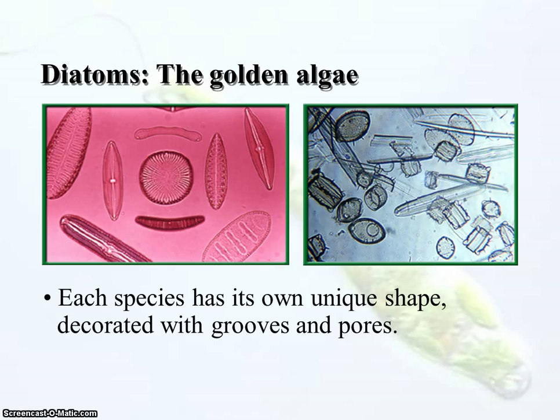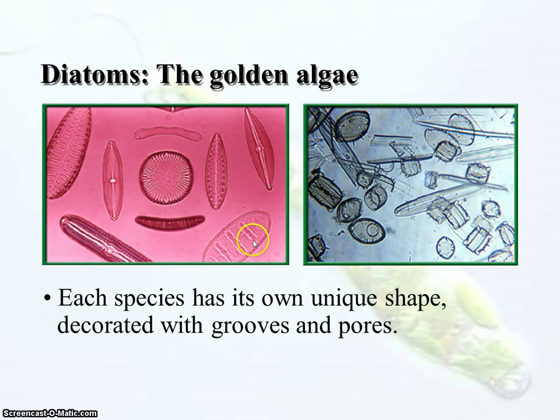Here is another type of algae. These are our golden algae, our diatoms. Diatoms are single-celled and microscopic. They are very unique in that they have distinct shapes, and you can see in these two pictures how each individual diatom has a unique shape.